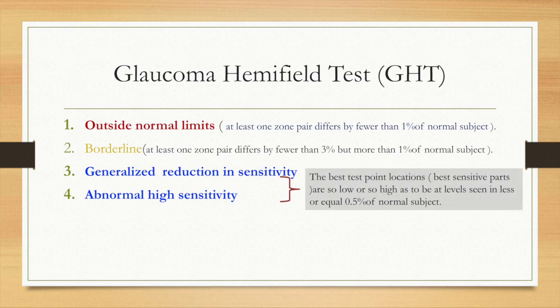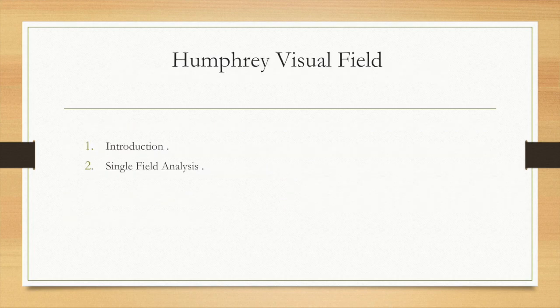Here the best test point locations, the best sensitive parts, are so low or so high as to be at levels seen in less than or equal to 0.5% of normal subjects, and presented as within normal limits. So you can see in the printout outside normal limits, borderline, within normal limits, or generalized reduction in sensitivity or abnormal high sensitivity.